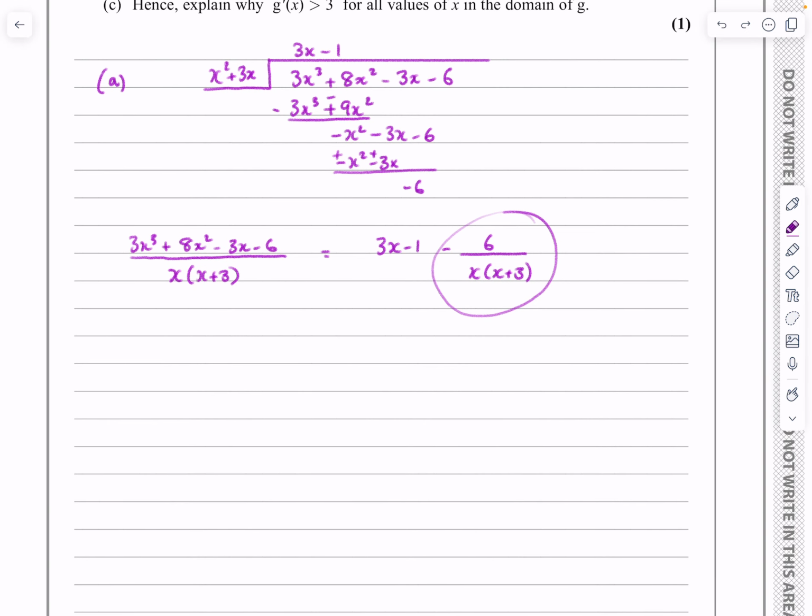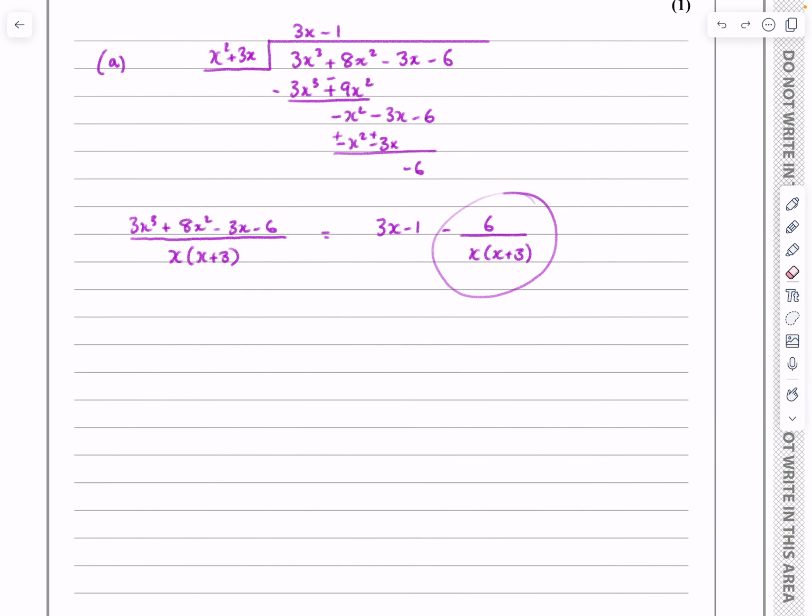So if I want to do that, be careful about that minus sign. We'll have to put that back in later on, but for now I'm just going to say 6 over x(x plus 3). What's that if I write it down as a partial fraction?